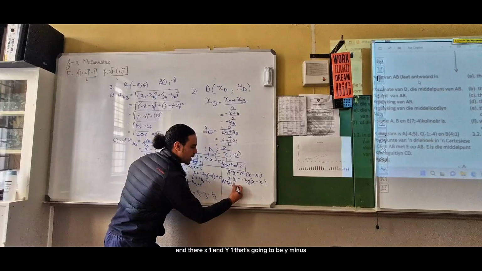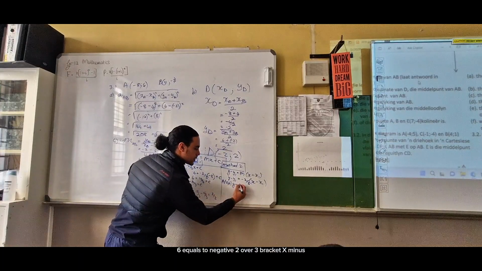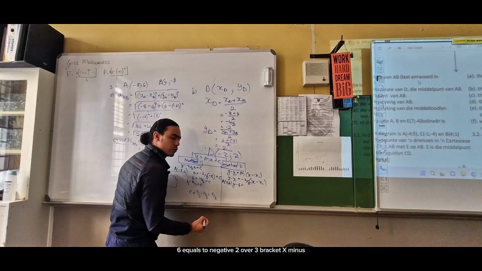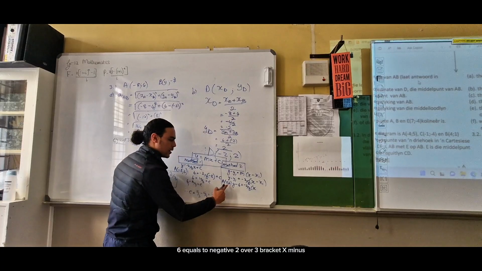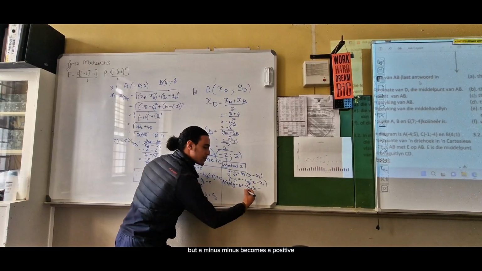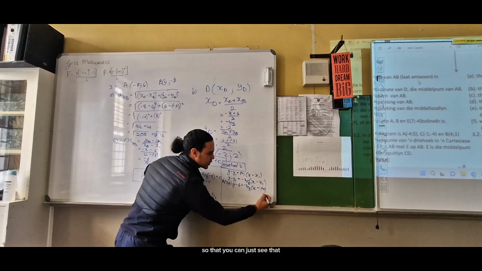That's going to be y minus 6 equals negative 2 over 3 bracket x minus negative 8. The minus becomes a positive, but let's write it like a minus so that you can see that.